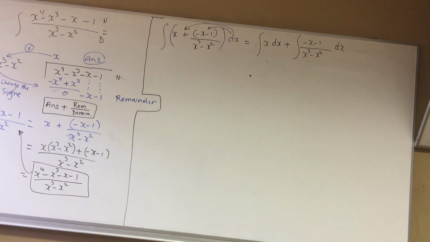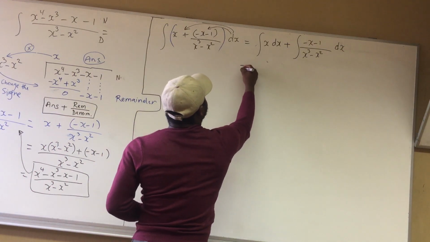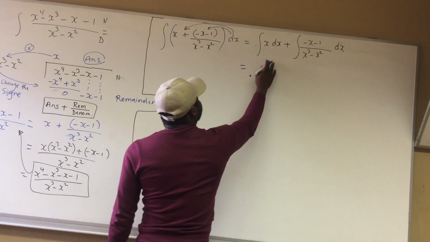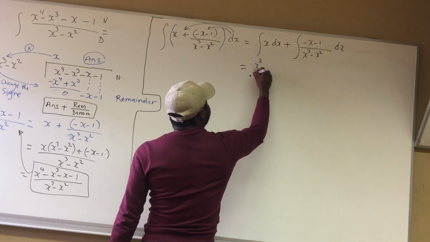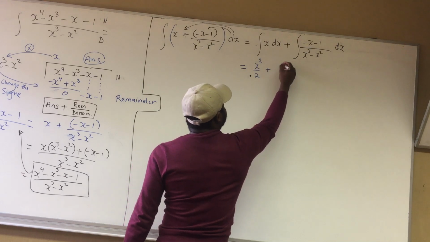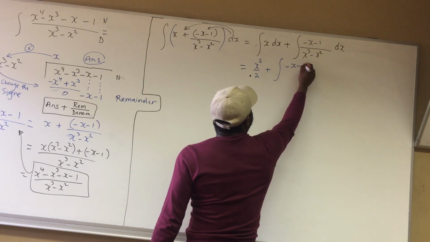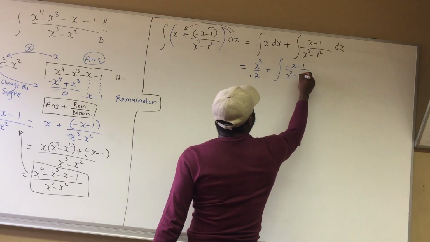Let's continue. What is the integral of x dx? The integral of x dx is x to the power 2 divided by 2 plus, I'm having this, x minus 1 over x cubed minus x squared.